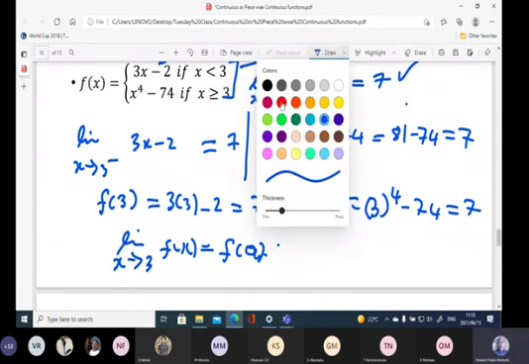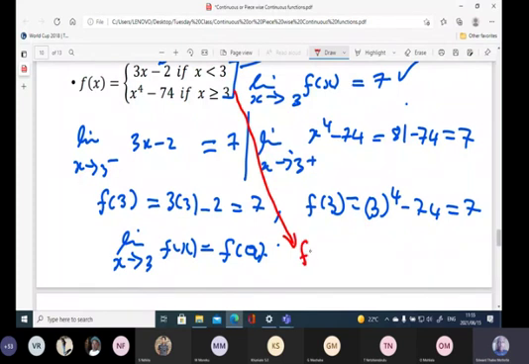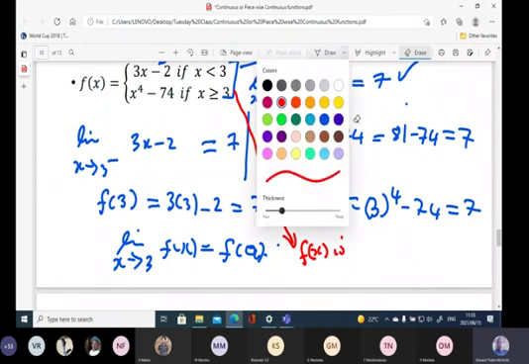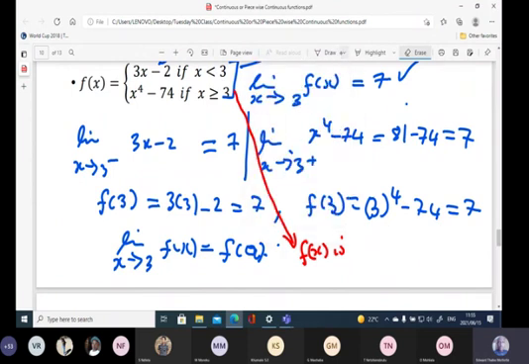I want to use a different color. Let me write it nicely now.